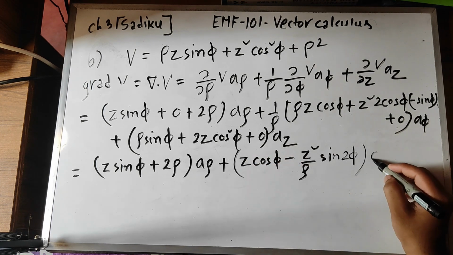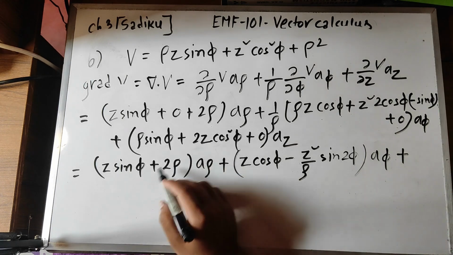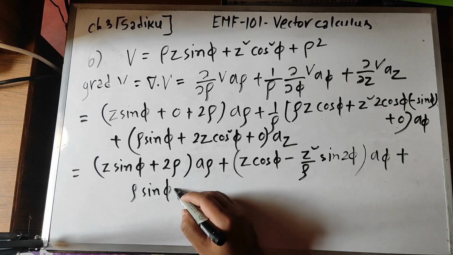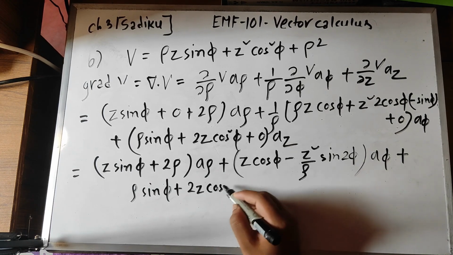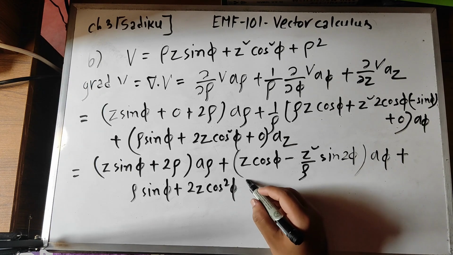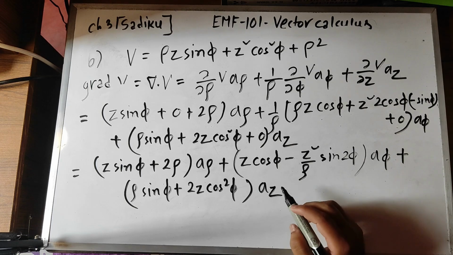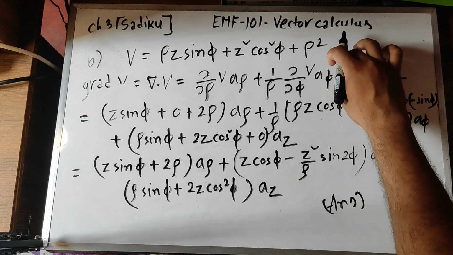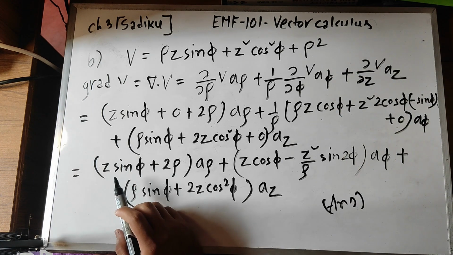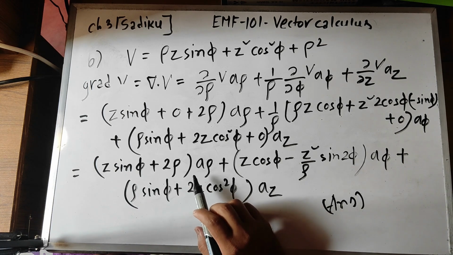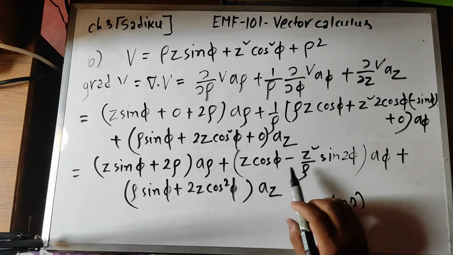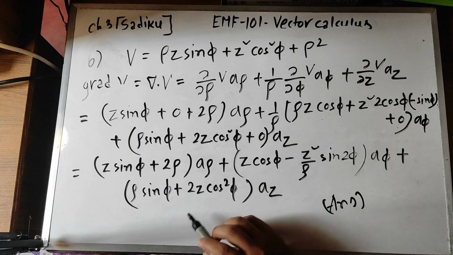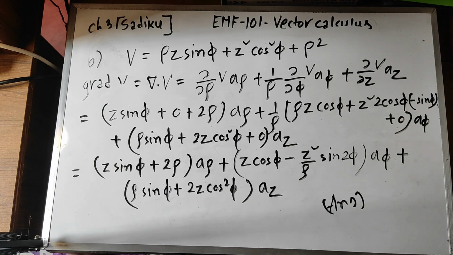This is in the direction phi, plus rho sine phi plus 2z cos square phi in the direction az. This is the gradient of the scalar in cylindrical system: z sine phi plus 2 rho in the direction a rho plus z cos phi minus z square by rho sine 2 phi in the direction phi plus rho sine phi plus 2z cos square phi in the direction az.